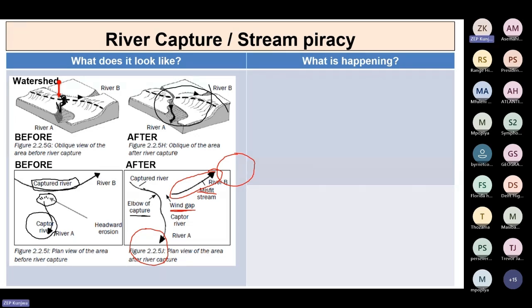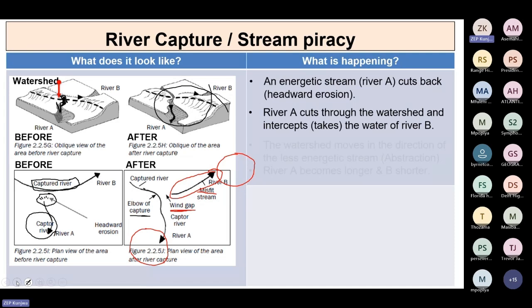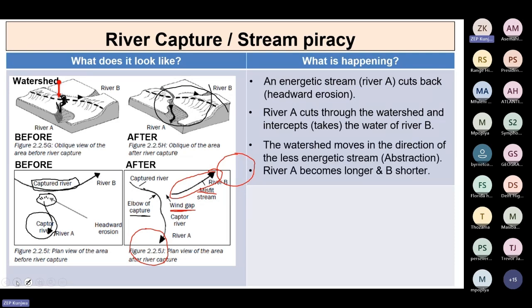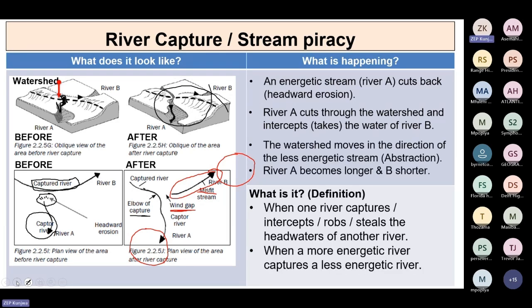So then what is going to happen to those areas after the river capture has happened? Let's try to move on. I've already explained that. We've already explained those definitions.